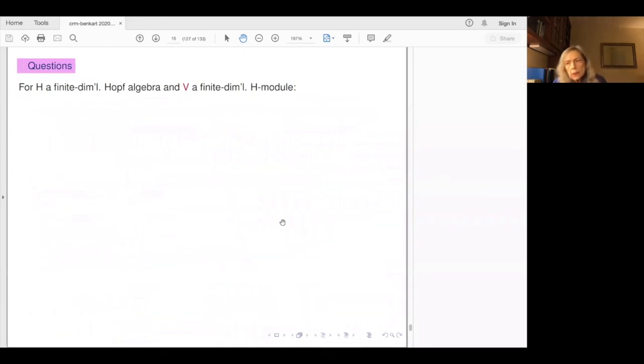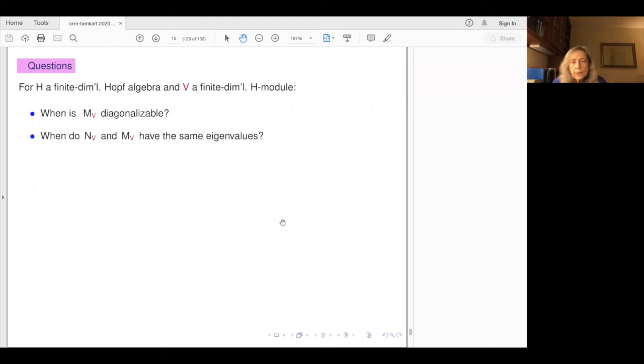Some questions. If you take a finite-dimensional Hopf algebra and a finite-dimensional H module, when is this Makai matrix diagonalizable? Can you put on some assumptions, on both maybe the Hopf algebra and the finite-dimensional module, that will enable you to say it's diagonalizable?